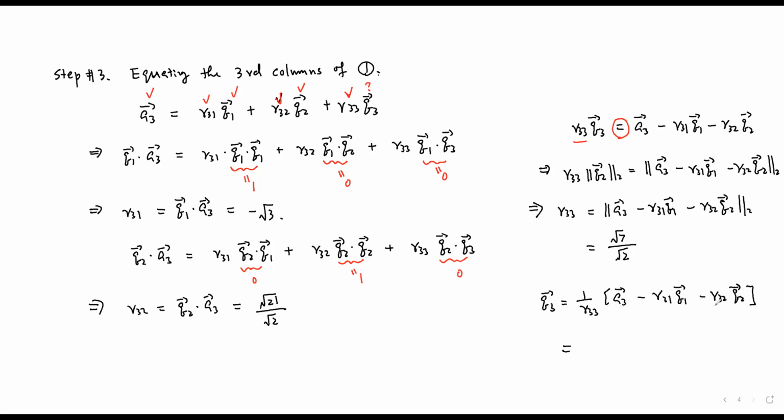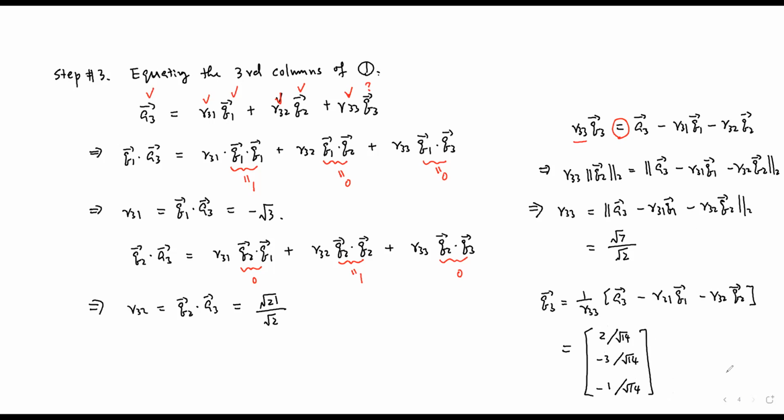All the quantities in the expression inside the brackets, I know them. Also I know R3, so Q3 is 2, 14, negative 3, 14, 14.